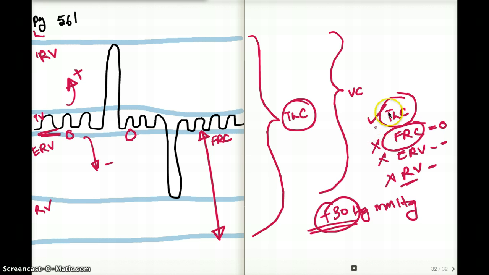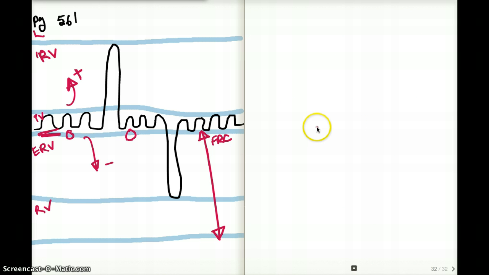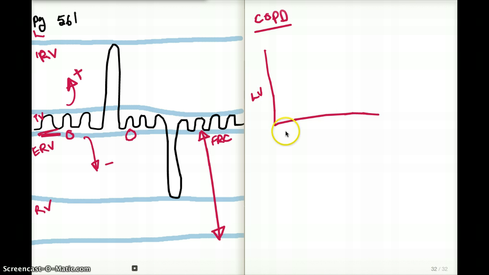Some other things which are also interesting about our lung volumes is in COPD. We're going to talk about COPD a little bit extensively here. Let's say they give you a graph like so. Let's say this is lung volume, okay? And on the x-axis we have time, okay?